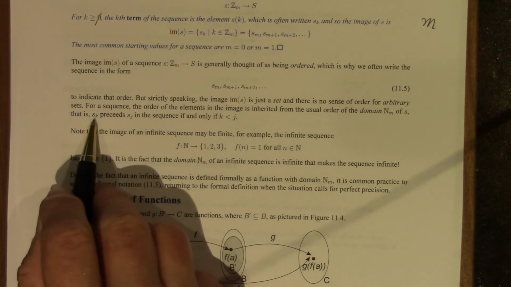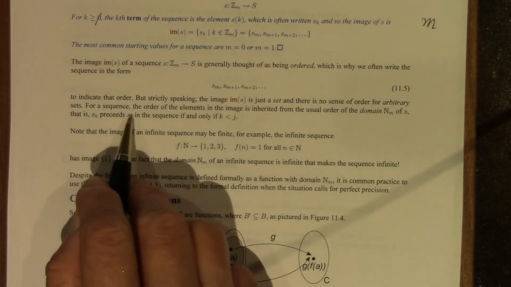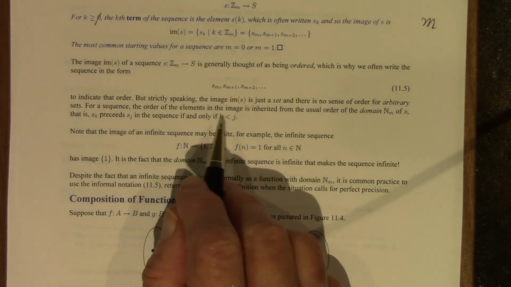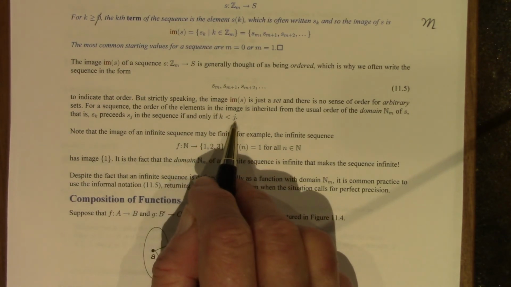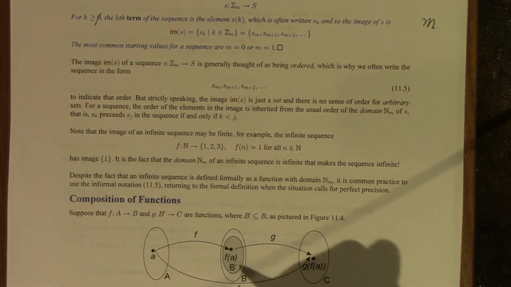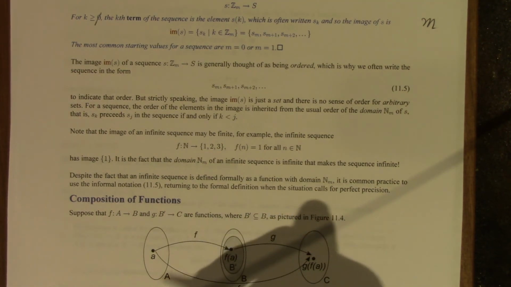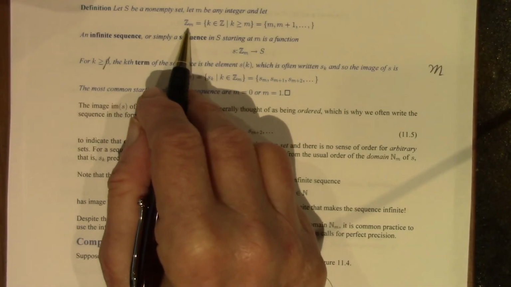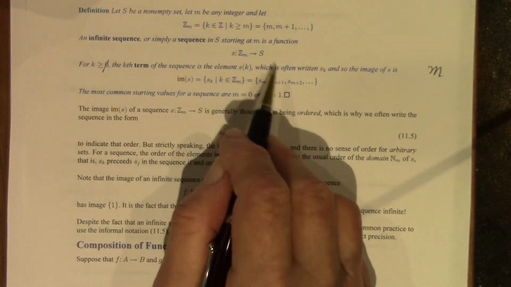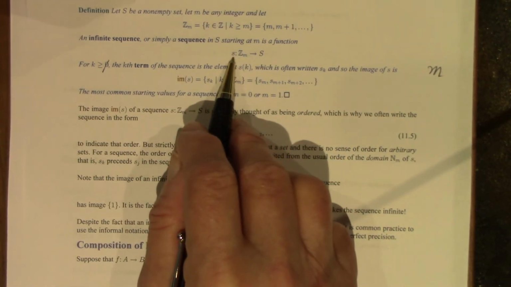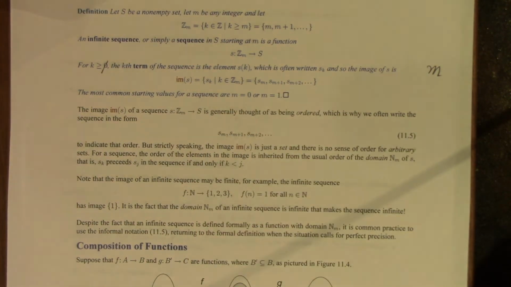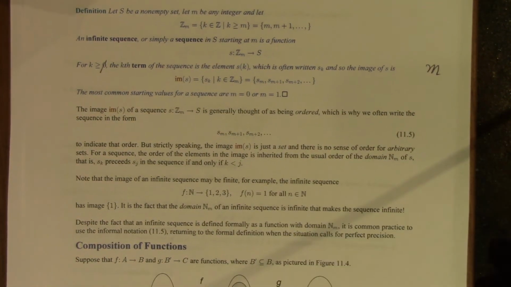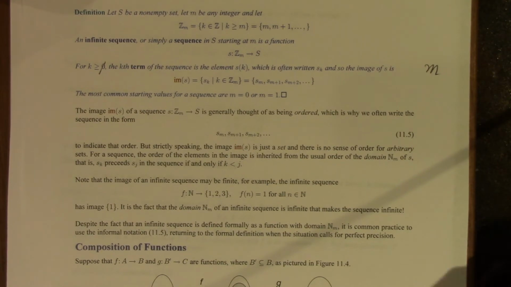So we say that s sub k precedes s sub j in the sequence if and only if k is less than j. So we transfer the order from Z sub m to the image of the function little s, and we get an ordered image, and that is what is informally thought of as a sequence.